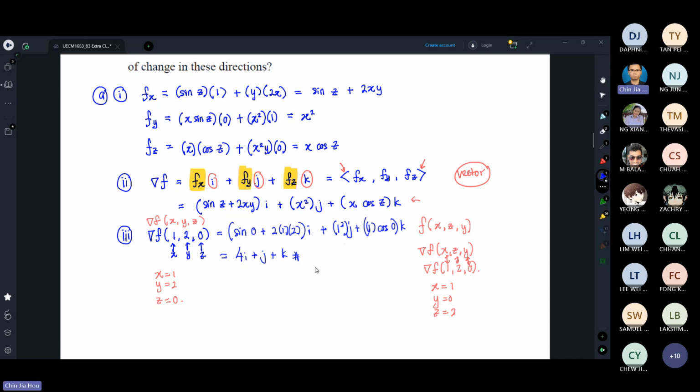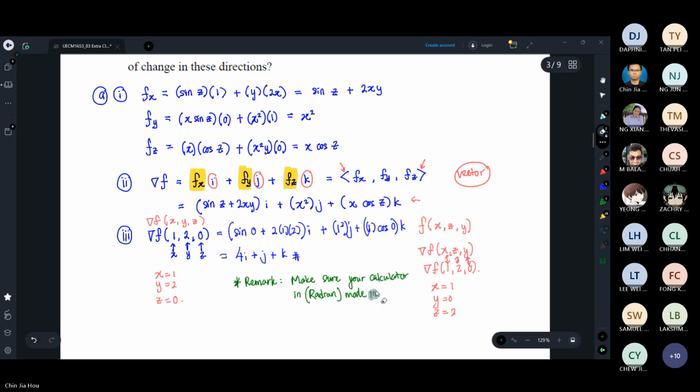Now, something to take note of: please make sure your calculator is in the radian mode for calculus.